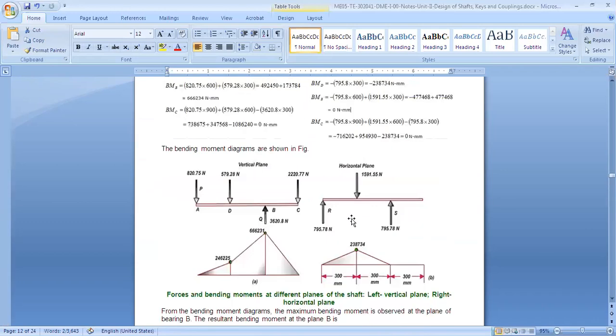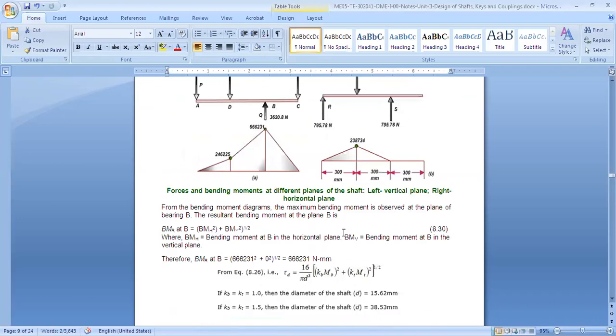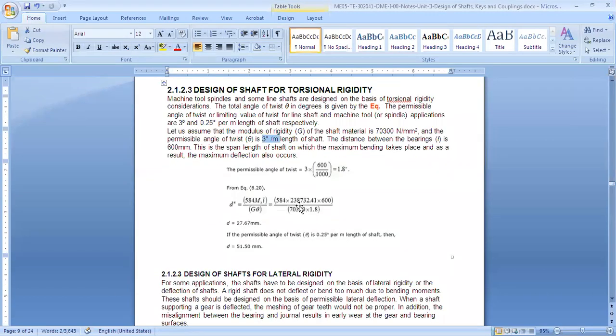Here we know MT, the twisting moment, that we have found as torque, 238,732 Newton mm. L, the length, is given as 600 mm. Everything is in Newton and mm. G is 70,300 Newton per mm square, so the mm square units will match.